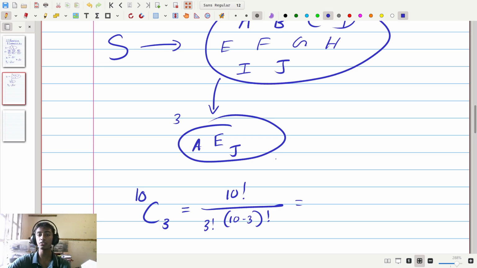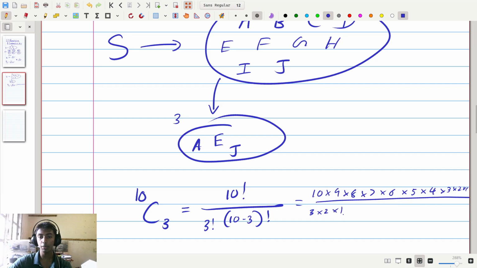Writing this out, this is 10 times 9 times 8 times 7 times 6 times 5 times 4 times 3 times 2 times 1 divided by 3 factorial, which is going to be 3 times 2 times 1, multiplied by 10 minus 3 factorial, which is 7 factorial, which is going to be 7 times 6 times 5 times 4 times 3 times 2 times 1.